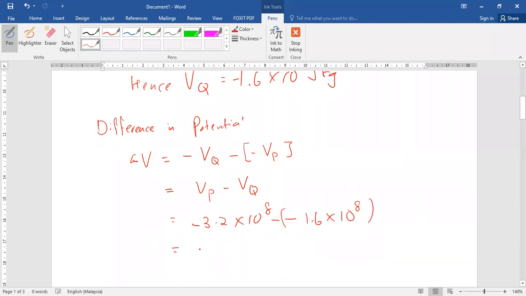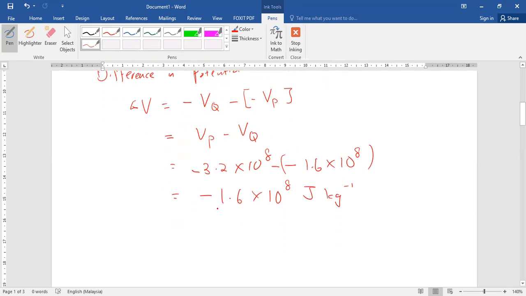At the end, we get that it's negative 1.6 times 10 to the power of 7 joule per kg. This will be the difference in the potential.